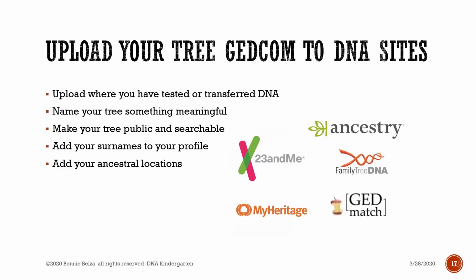Where can you upload your tree? You can upload a tree to Ancestry, Family Tree DNA, GEDmatch, and MyHeritage. At 23andMe, they will allow you to link to your tree at another site, but at this time, they do not have a tree.